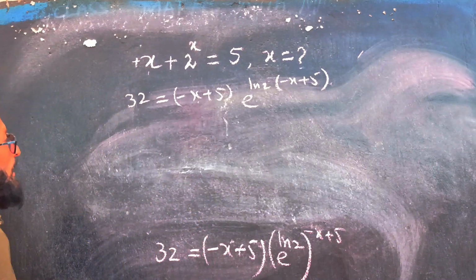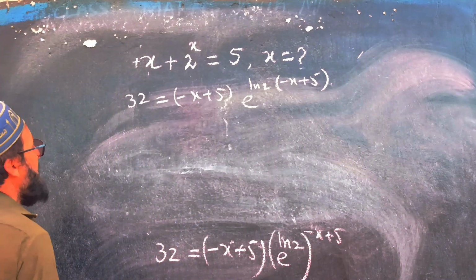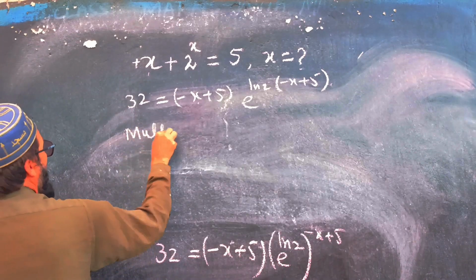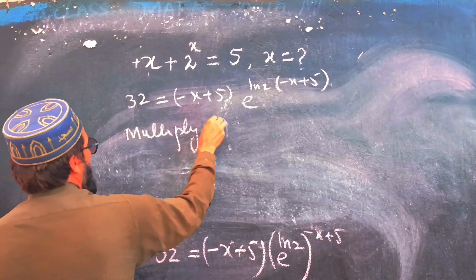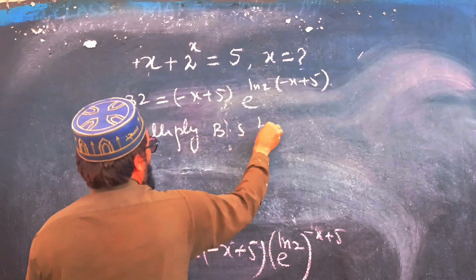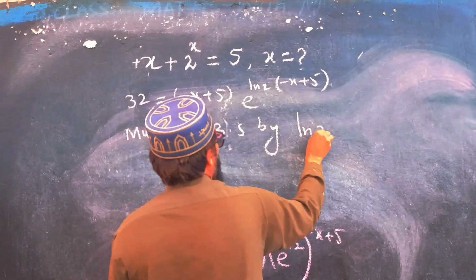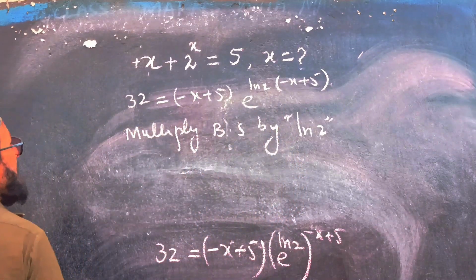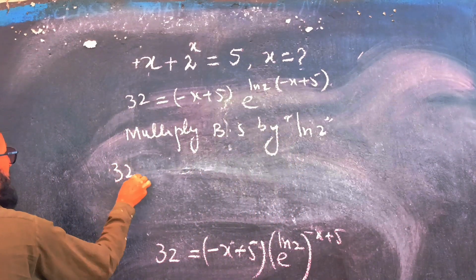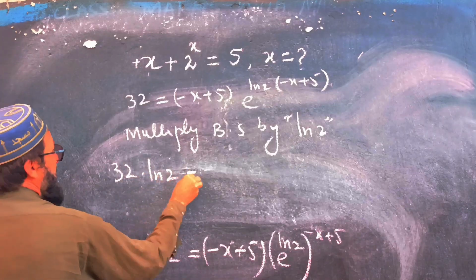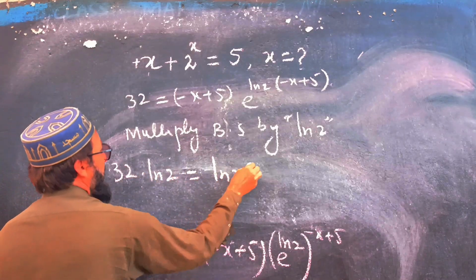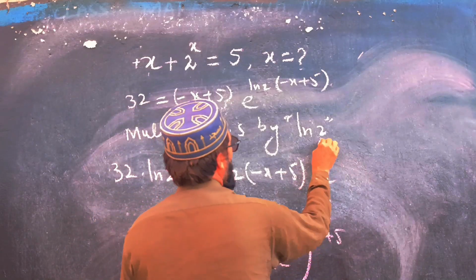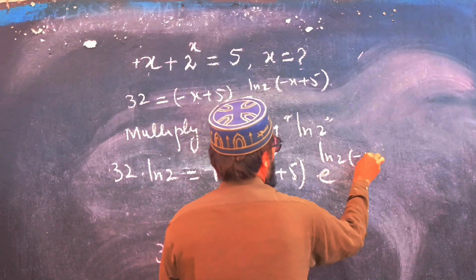Now we need log of 2, so multiplying both sides by log of 2, we get 32 log of 2 is equal to log of 2 into minus x plus 5 into e exponent of log of 2 minus x plus 5.